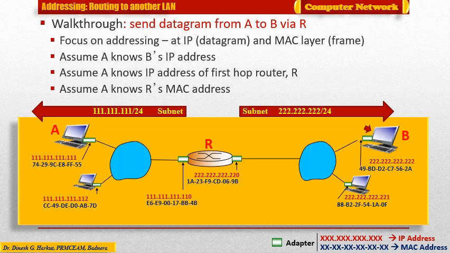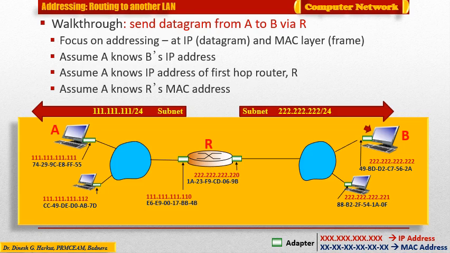But the router has an IP address for each of its interfaces. These are the two interfaces of the router, having an IP address associated with each, and there are two adapters, one at each interface. For each router interface there is also an ARP module, that is, an adapter.